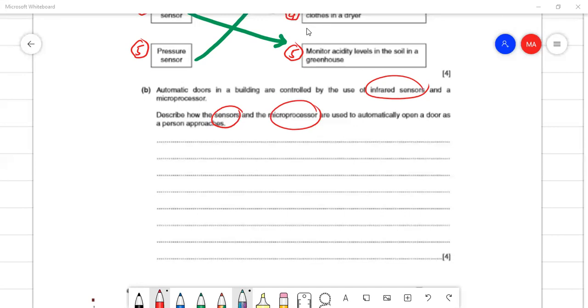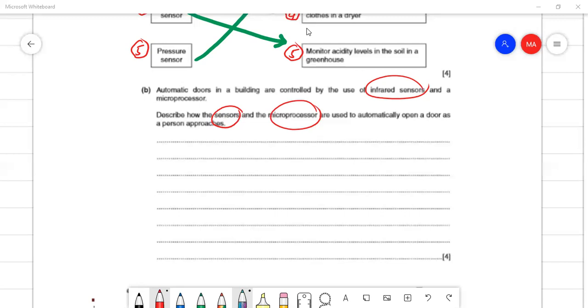If the received value is lesser or greater than its pre-stored value, then the microprocessor will send an instruction to an actuator in order to control the system. Here we are controlling the automatic door system.